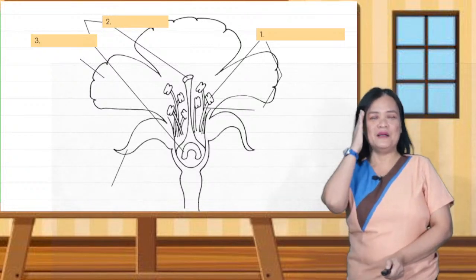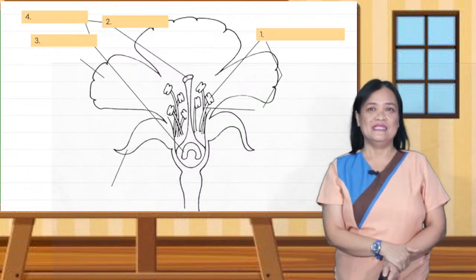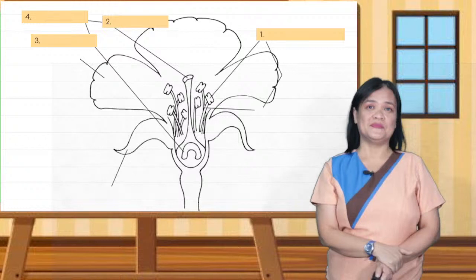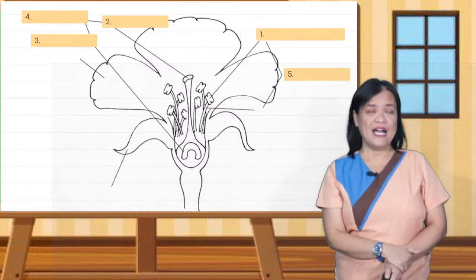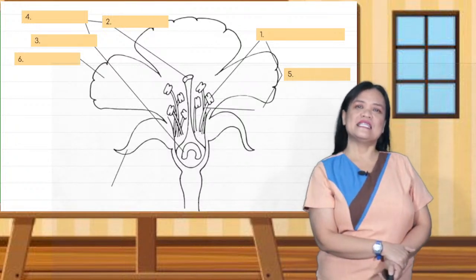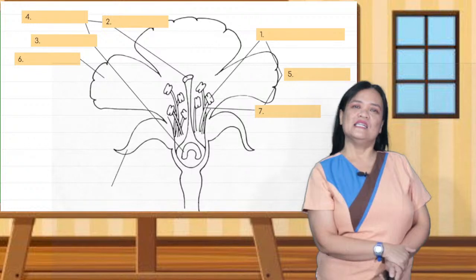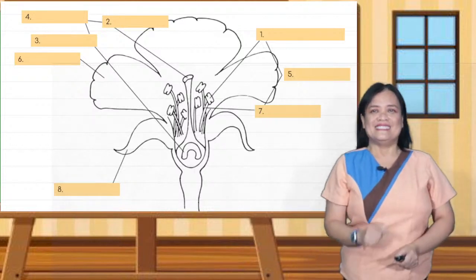Kung hindi nyo pa maalala, sige, go back to the next number. Number 4. Number 5. Then 6. And this is 7. And 8. It's only 8. Oh, come on. You do it. I'll give you time again.